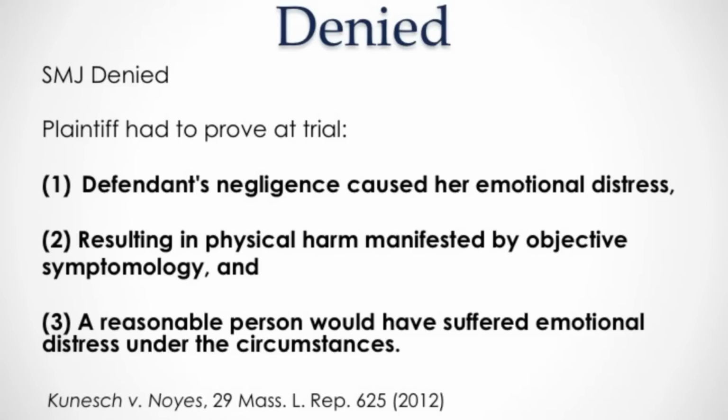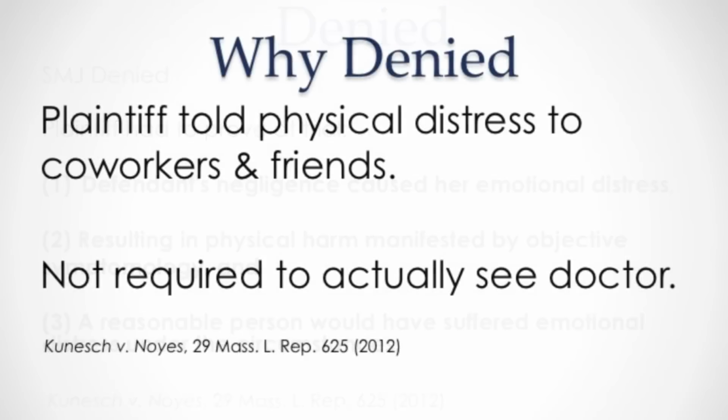Here's what the plaintiff would have to prove at trial: that the defendant's negligence caused her emotional distress, that resulted in physical harm manifested by objective symptoms, and a reasonable person would have suffered emotional distress under those circumstances. The attack focused on the physical manifestation of the physical distress because she didn't see a doctor.